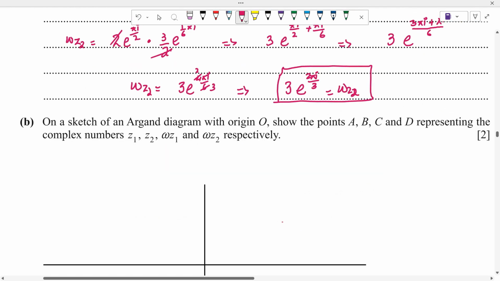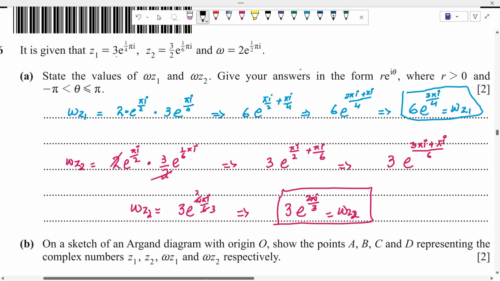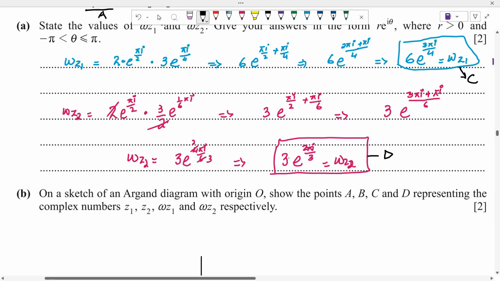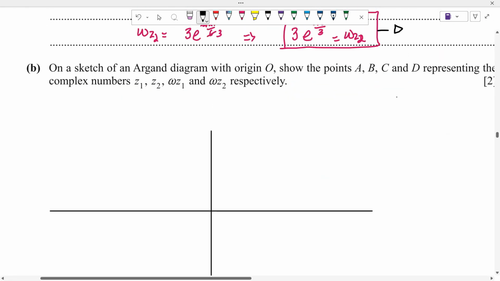On the Argand diagram with origin 0, show the points A, B, C and D representing the complex numbers z1, z2, omega z1 and omega z2 respectively. z1 is A, this one is B, this one is C, and this one is D. First z1, which is 3 times exponential of 1 over 4 pi iota.